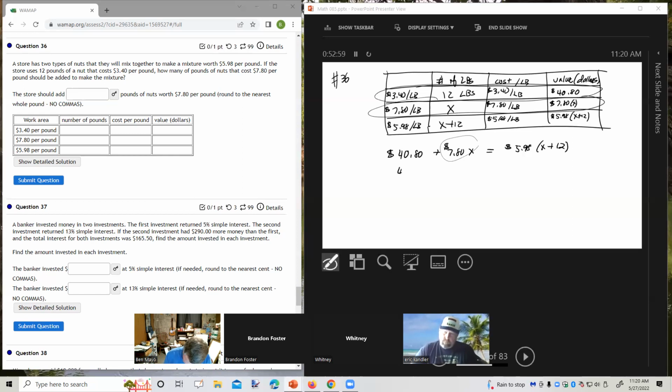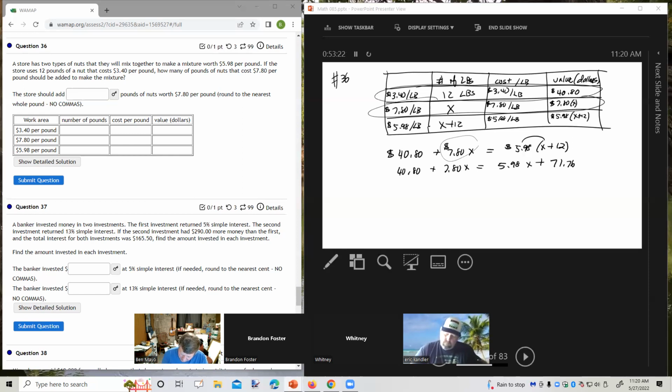Let's see, we're going to distribute on the right side. So we get 5.98x plus, let's see here, 5.98 times 12 is 71.76.